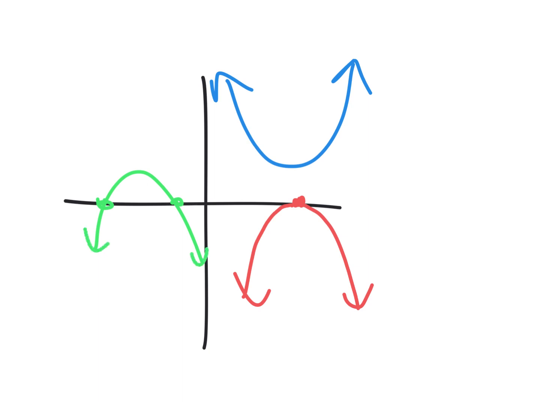So then the discriminant on this kind must be less than 0. The discriminant on this kind, do you remember the one that had only 1 and it was the vertex? What was the discriminant on that? 0. And last but not least, this one we had the discriminant where you get 2 answers.